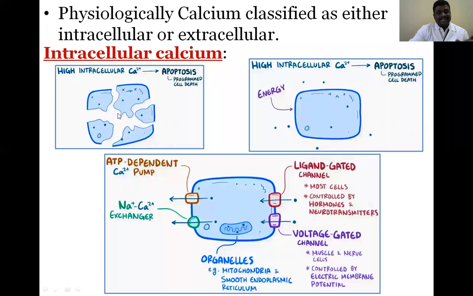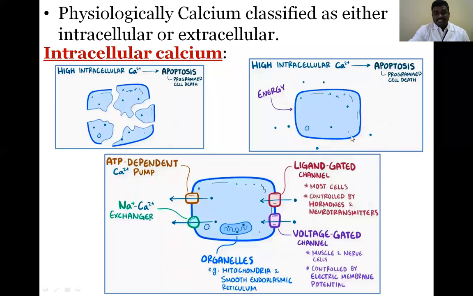That is called cell death, or apoptosis, meaning programmed cell death. To prevent this, whatever calcium is present inside the cell has to be transferred immediately from intracellular to extracellular. How is intracellular calcium transported to the extracellular space?